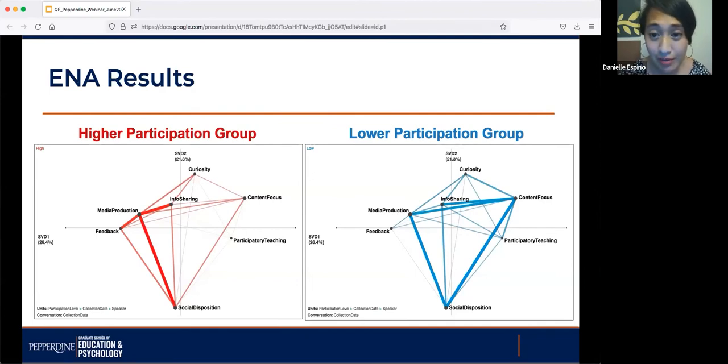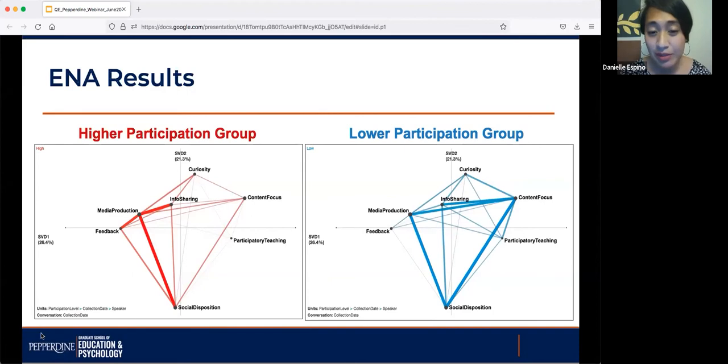But in the model on the right, with the lower participation students, we start to see that they have more connections to the constructs on the right. And they even have a link that's stronger to participatory teaching that we don't necessarily see as strongly.